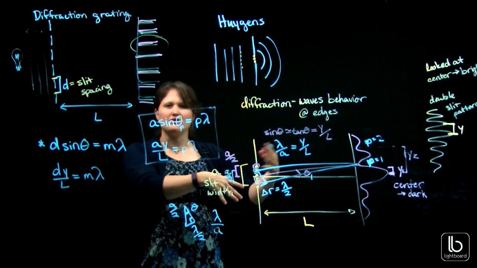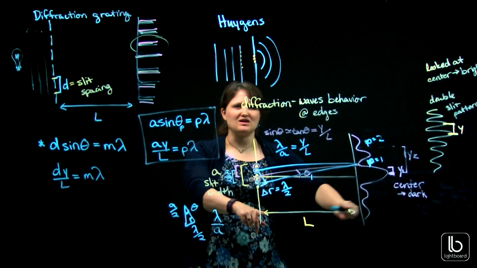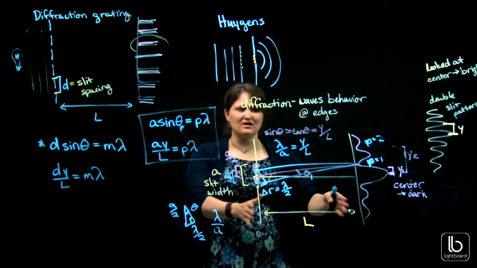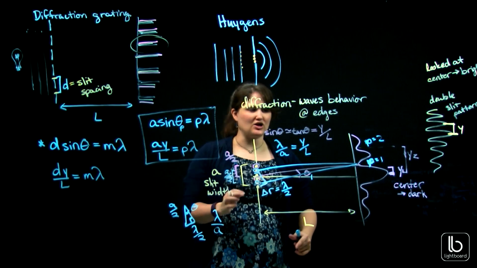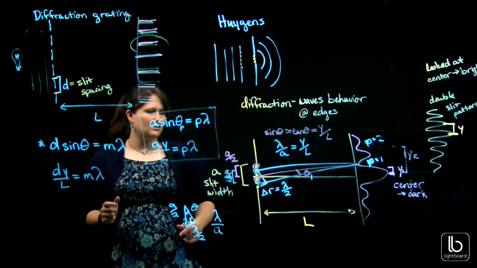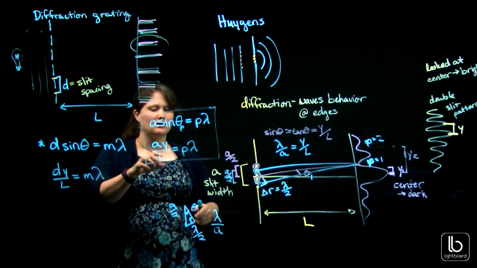So let's break down what we would expect to see. If I have a given length here, and my length isn't going to change and my slit isn't going to change, what happens if I change my wavelength?